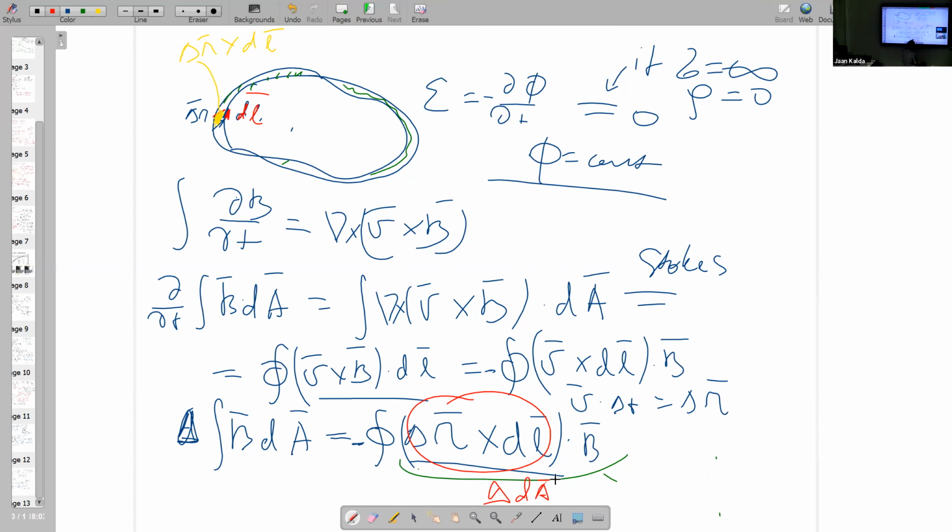The cross product is perpendicular to both of them, so this is a proper surface element, a differential, and we multiply it by B. Now delta dA dot B is equal to d delta phi, the change of magnetic flux. And once we integrate over the whole contour, we obtain delta phi.